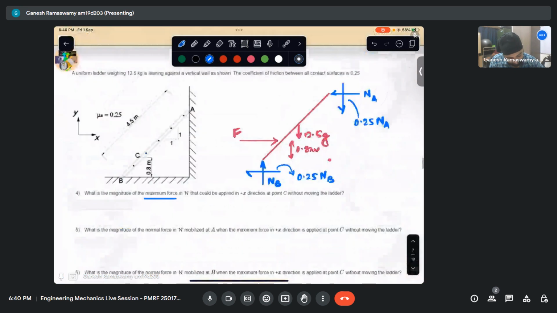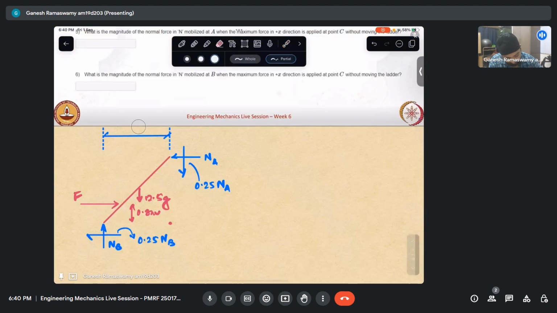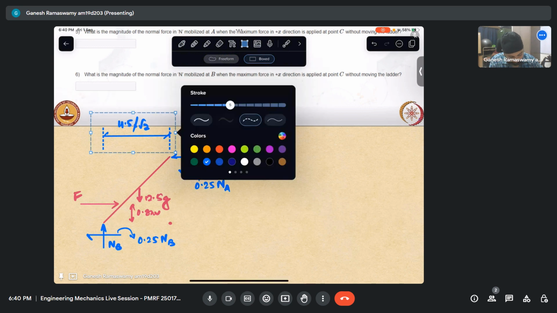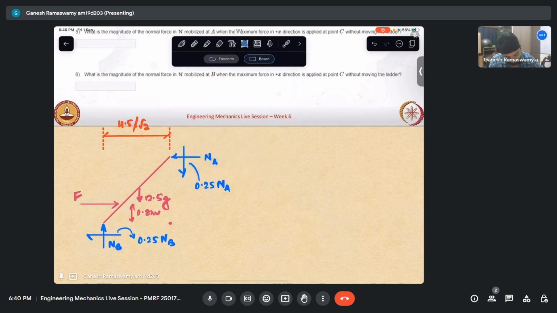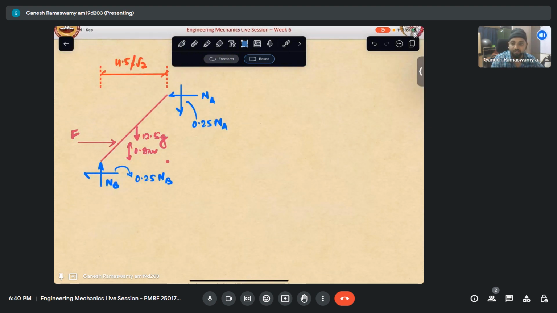This is given to be 4.5, so that will be 4.5 by root 2, because this angle is 45 degrees. So I'll just mark it here, 4.5 by root 2. Let me put it in some other color. So we have our free body diagram complete now.